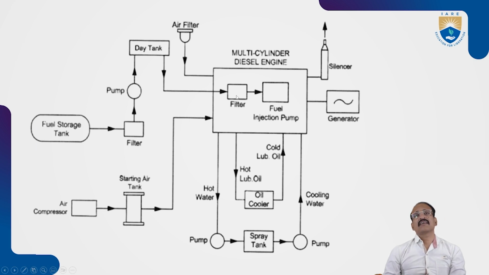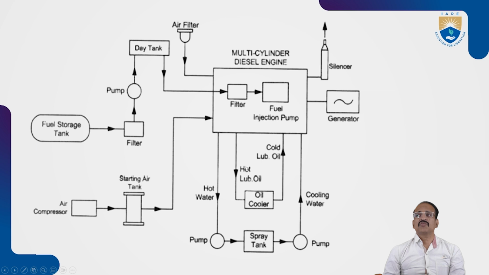Once again the fuel is filtered, and then it is injected through the fuel injection pump, and in the multi-cylinder engine the mechanical energy is produced. The gases released due to ignition are sent through the silencer, and the air is sent to the multi-cylinder diesel engine after filtering, and the compressed air is also sent to the diesel engine after going through the starting air tank.